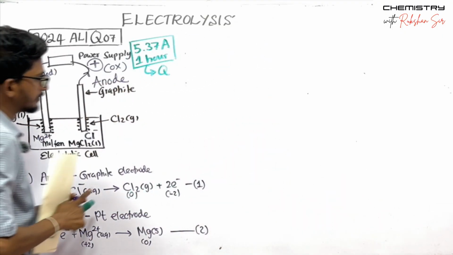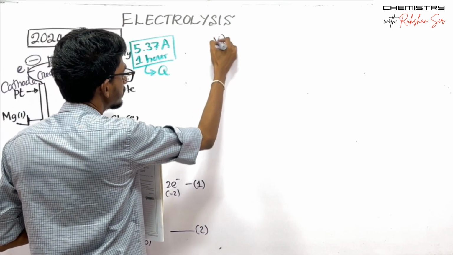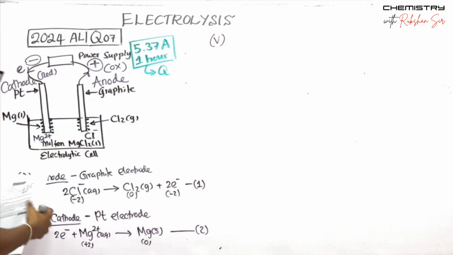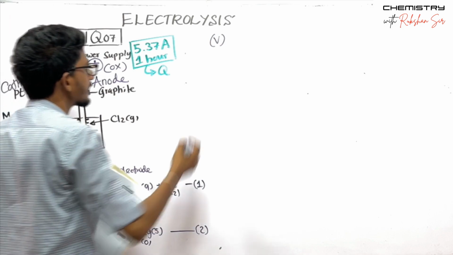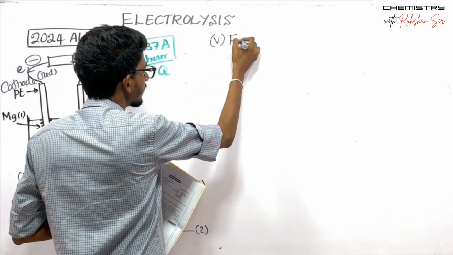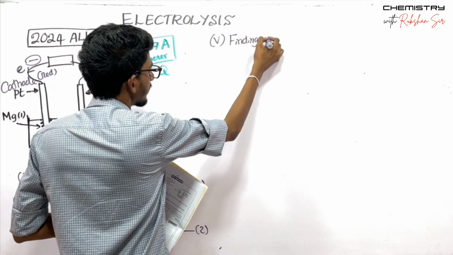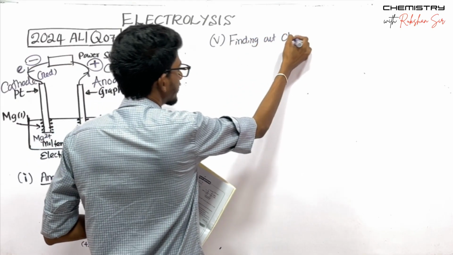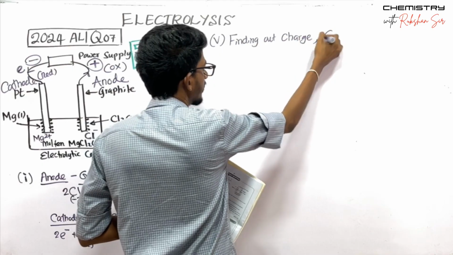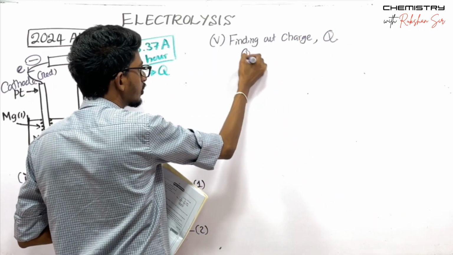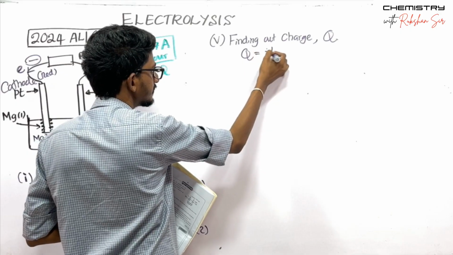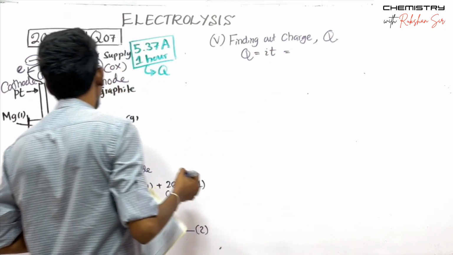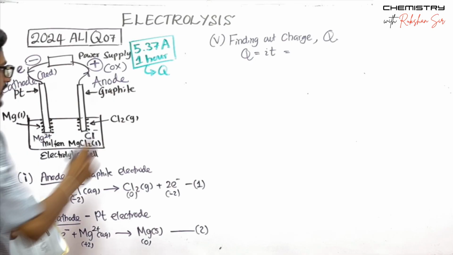This is Roman number 5. Find the charge passed through the circuit. So Q is equal to IT. What is I? I is this.